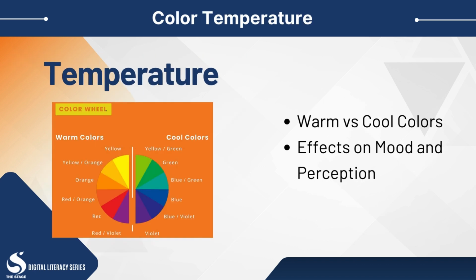All right. So now let's talk a little bit about temperature. Colors are often described as warm or as cool. You have warm colors, and those warm colors invoke that mood of warmth, energy, vibrancy, while cool colors can invoke calm and tranquility.